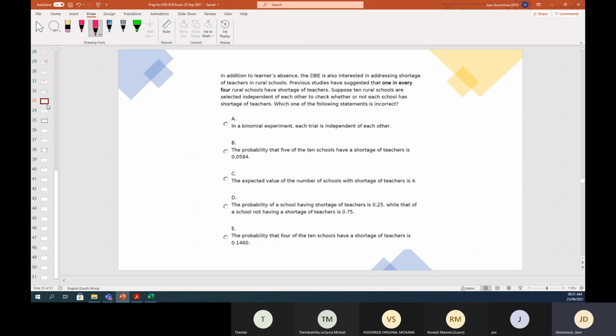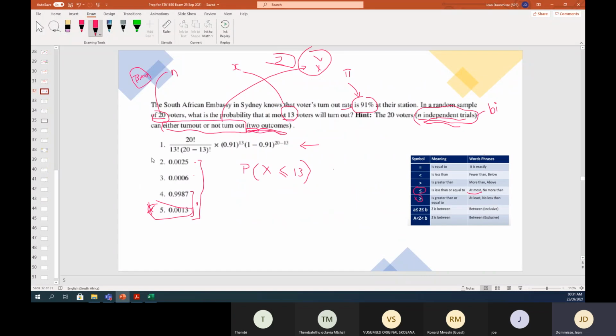The other thing that they like to do, and so here they've basically asked one question, is where they give us n and x, and we need to work it out.